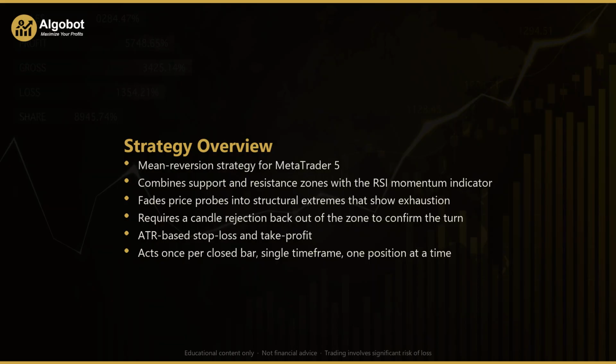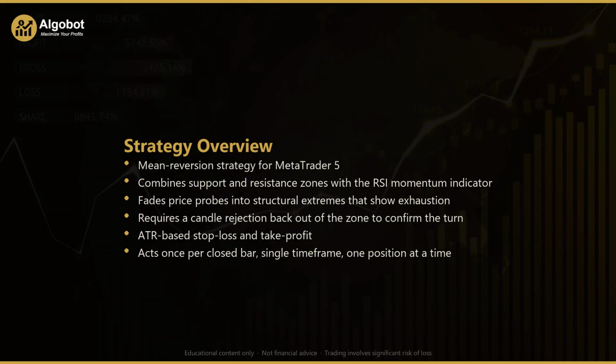RSI helps the strategy judge whether a move into one of those zones is arriving with exhaustion rather than fresh strength. Volatility matters too. An average true range, or ATR, calculation with a default period of 14 sizes the zone tolerance, the stop loss, and the take profit, so the strategy adapts to calmer or busier conditions rather than using fixed distances.